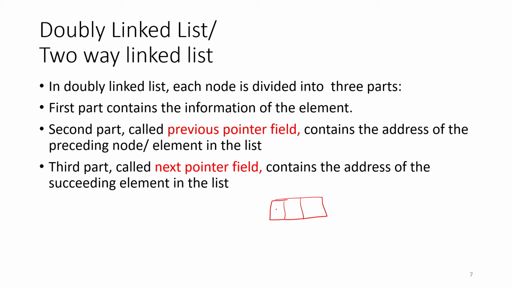One is the pointer field pointing in the backward direction, that is to the preceding node in the linked list. One pointer points in the forward direction, which contains the address of the succeeding element in the linked list, and one is the information part.